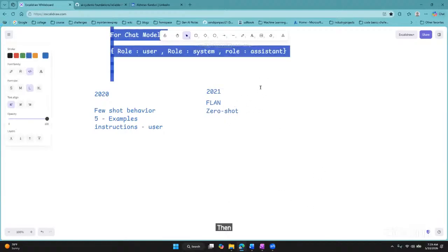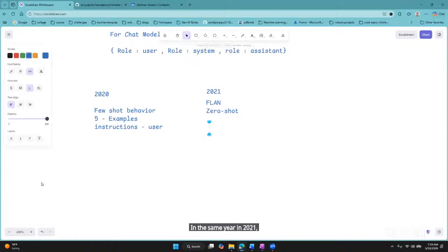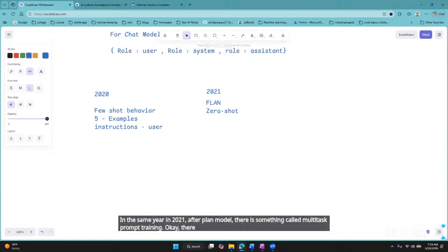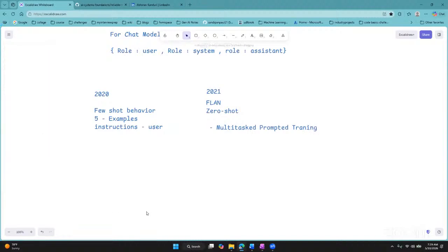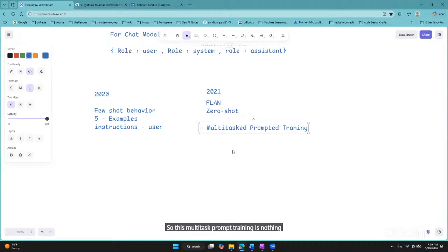Then in the same year, in 2021, after the FLAN model, there is something called multitask prompt training. So this multitask prompt training is nothing but the prompt will have a data set which improves the generalization, which is out of the box or held out of the task.